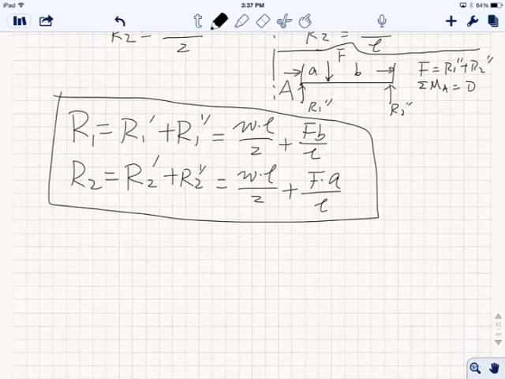we also consider separately because we want to find out deflection as a function of x, right? So let's look at something for a distributed load.